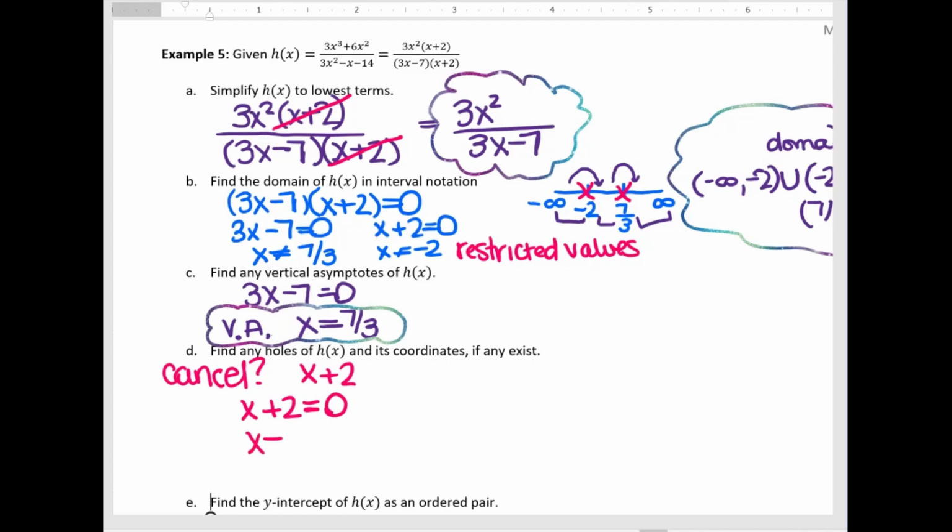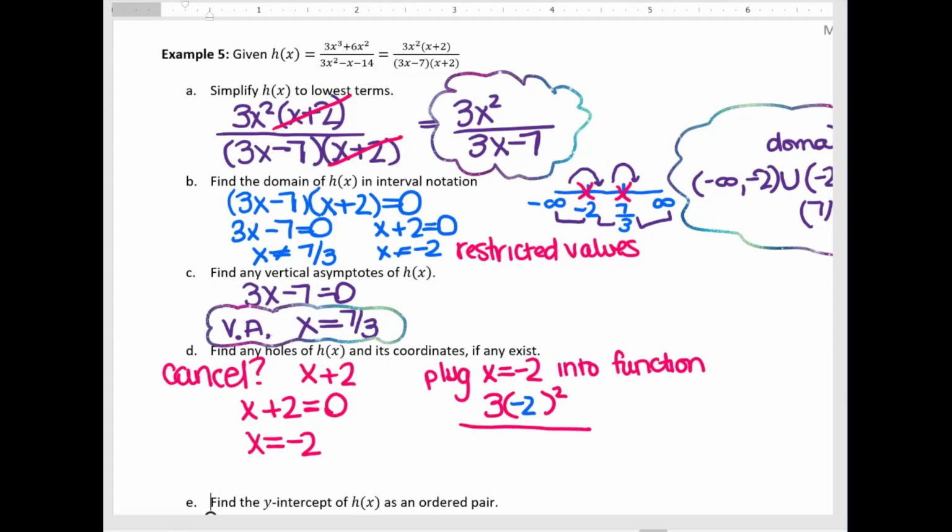Our x value is x equal to -2, but we want the coordinates of the hole, which means that we need to plug x equal to -2 into the function. And you need to use the simplified version. So plugging in, we're going to have 3 times (-2) squared all over 3 times -2 minus 7.